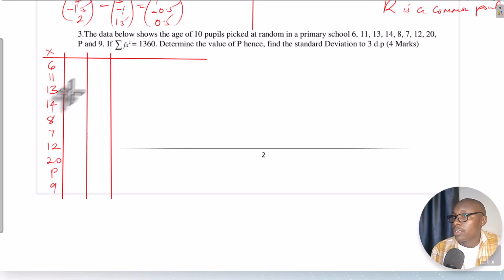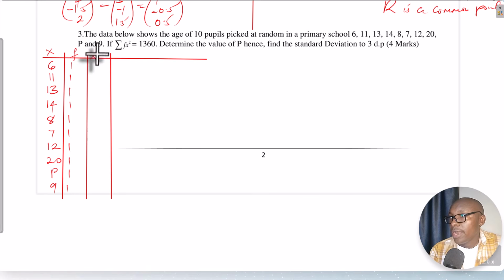For the frequency, everything is 1, because frequency means how many times these values appear. Like 6 appears once, so all these frequencies are 1. I don't see any that appears twice there.